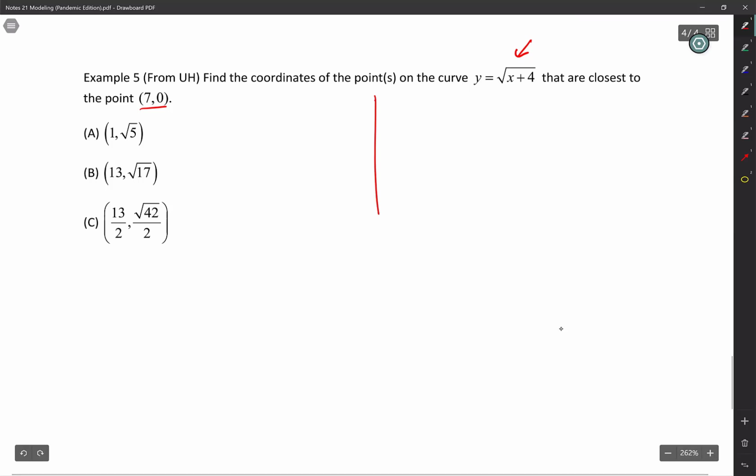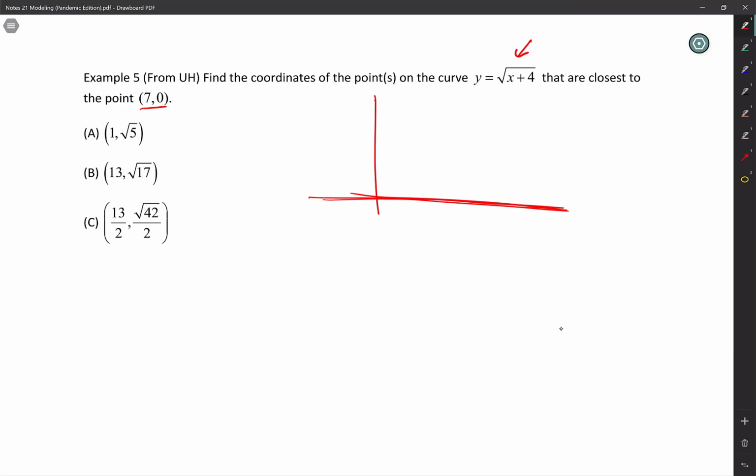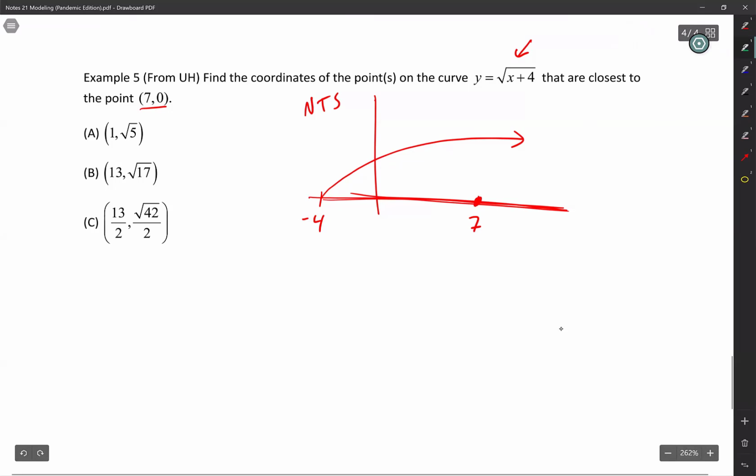First, let's start by graphing. y equals square root of x plus 4 looks something like this. Negative 4. And the point, this is not to scale, so don't judge me here. 7 is like 7 zeros, like somewhere there. And they want, what is the smallest distance?